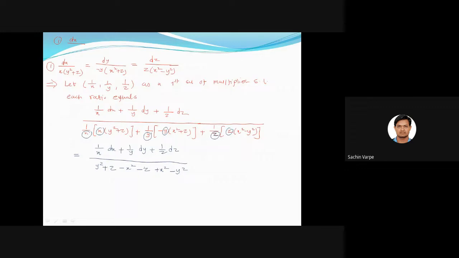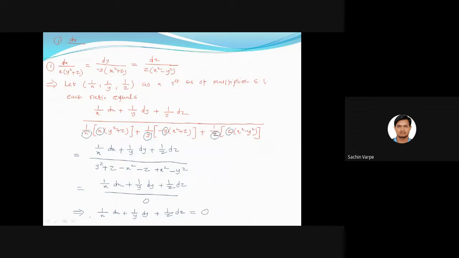So everything is getting cancelled from the denominator, and that is equal to dx 1 upon x dx plus 1 upon y dy plus 1 upon z dz, the whole upon 0. And that implies 1 upon x dx plus 1 upon y dy plus 1 upon z dz is equal to 0.